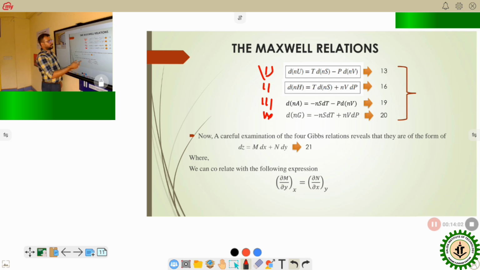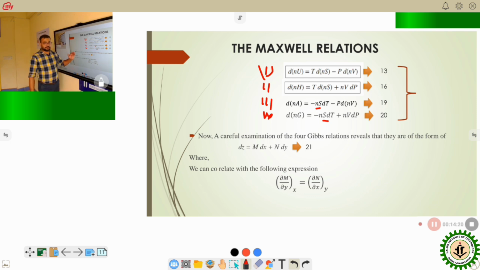But if we apply these fundamental equations directly, we face one problem: identifying the entropy term, which is not determined directly.